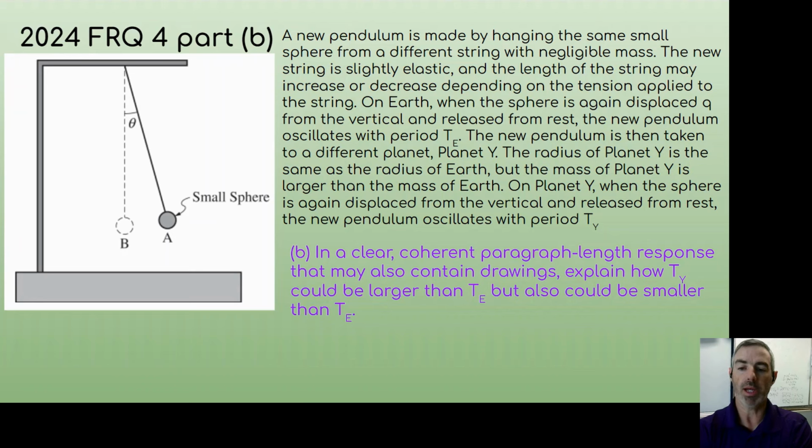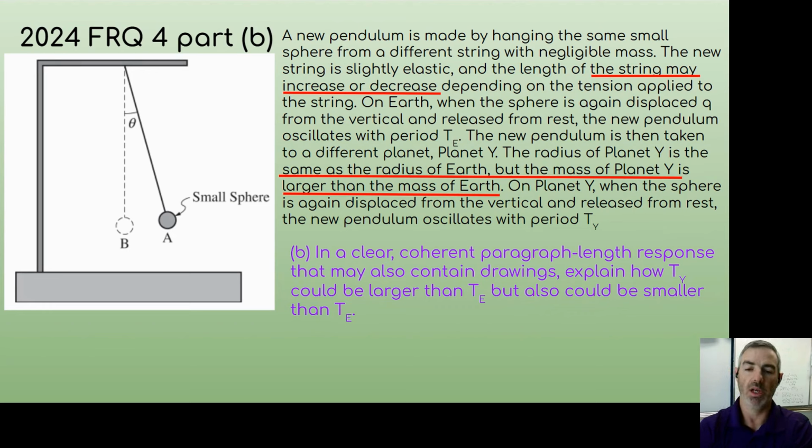We're going to compare the period of the oscillation on planet Y to that on Earth. With the string able to increase or decrease, that's going to be a factor in our writing of the paragraph. We're going to compare why the period on Y could be bigger and why it could be smaller. The information I've underlined is that the mass is larger on planet Y, but it has the same radius.